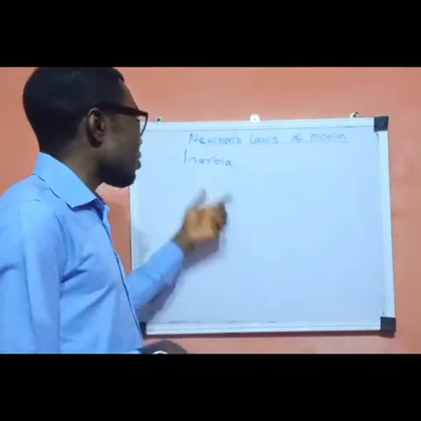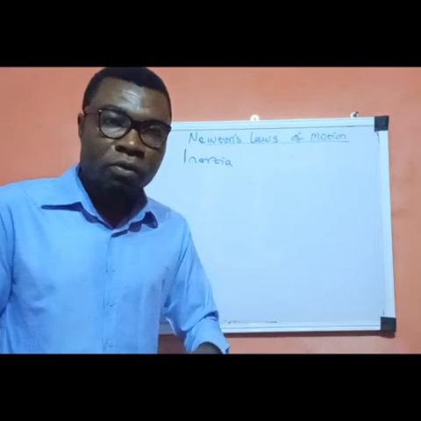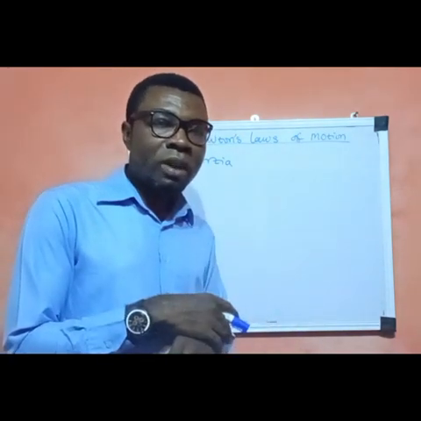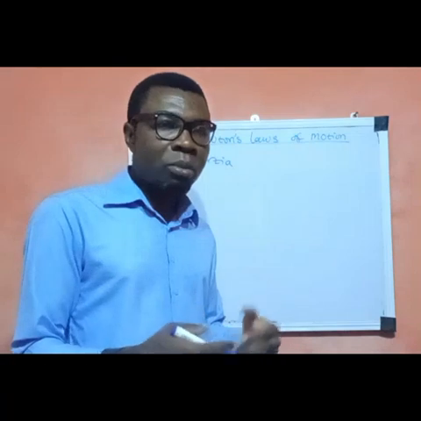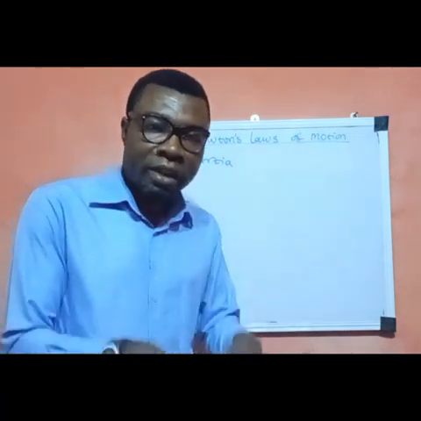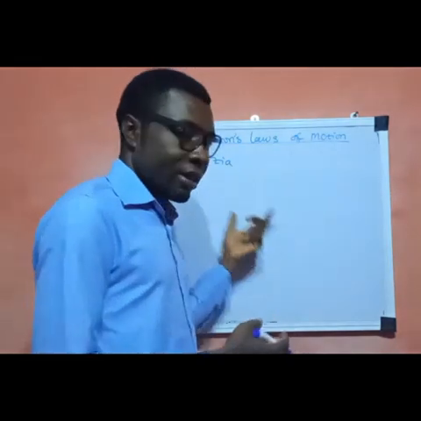That is the tendency of a body to want to remain in its state of rest or of uniform motion. If a body is at rest, the reluctance of that body to move is what we call inertia. That body refusing to move, the ability of that body to want to remain in its state of rest or of uniform motion, is what we refer to as inertia.